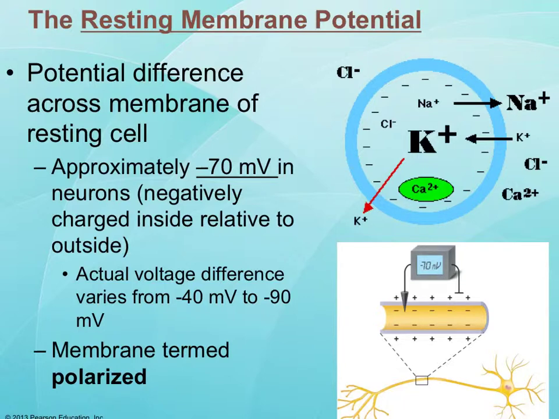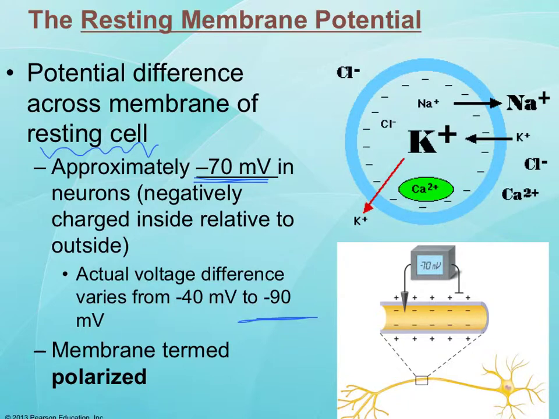The resting membrane potential is the potential across the membrane of a resting cell. A resting cell means the cell is in the resting stage, not stimulated. For most cells, it is about -70 millivolts, and in fact, depending on the type of cell, it may range from -40 to -90. -90 is more like the muscle cells.